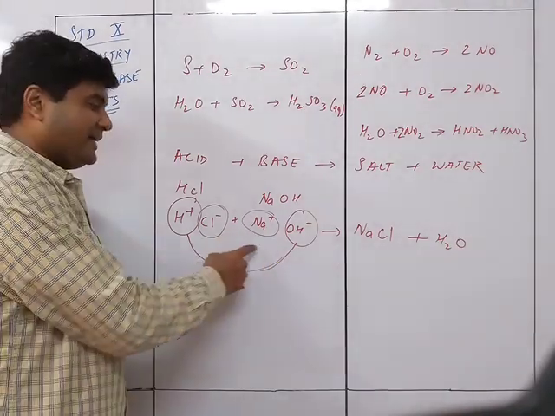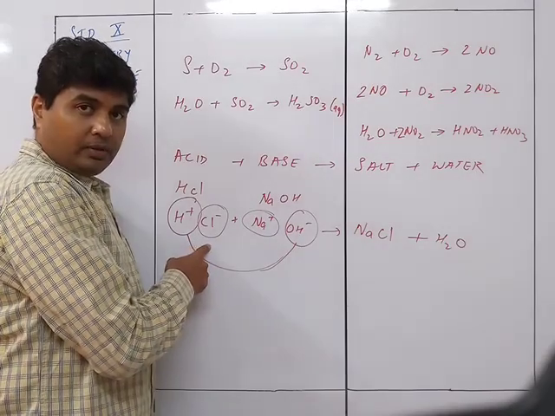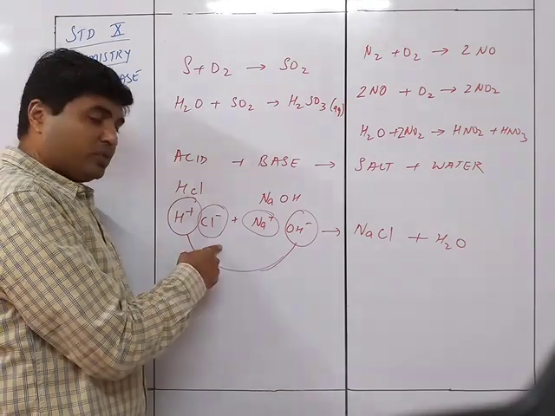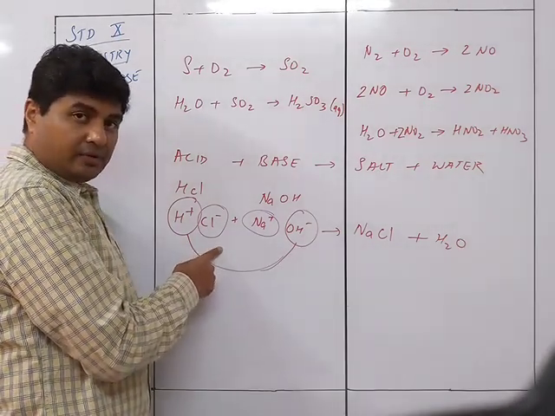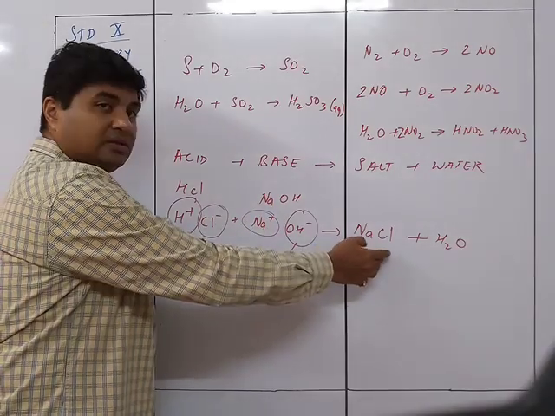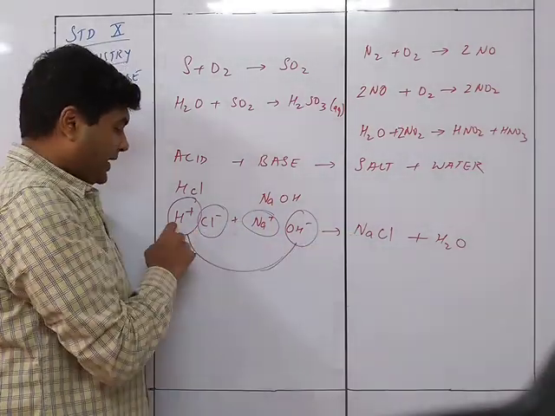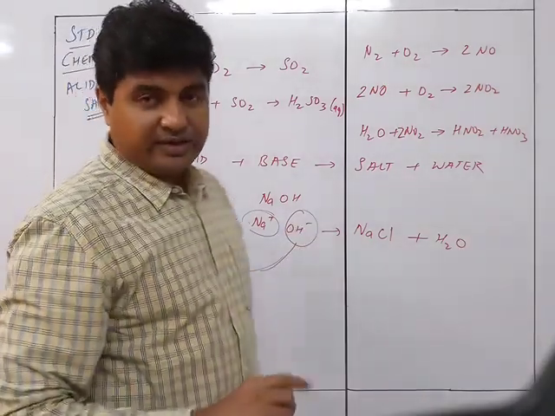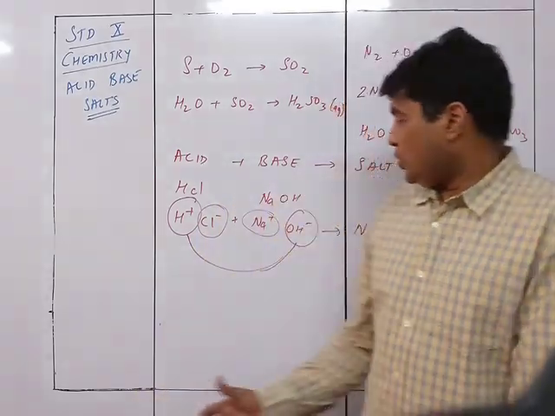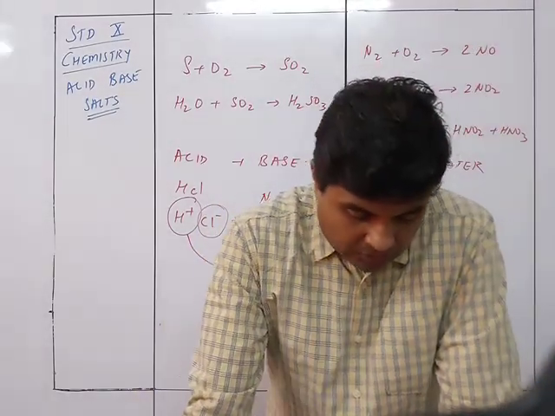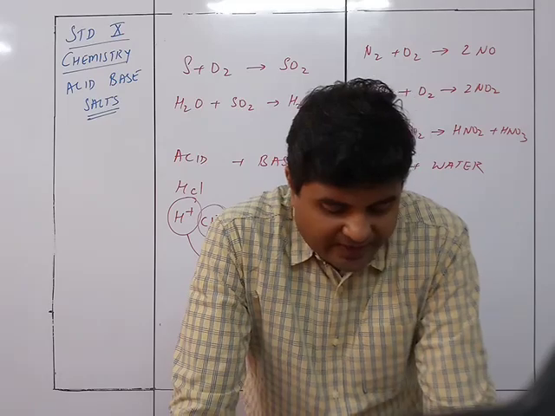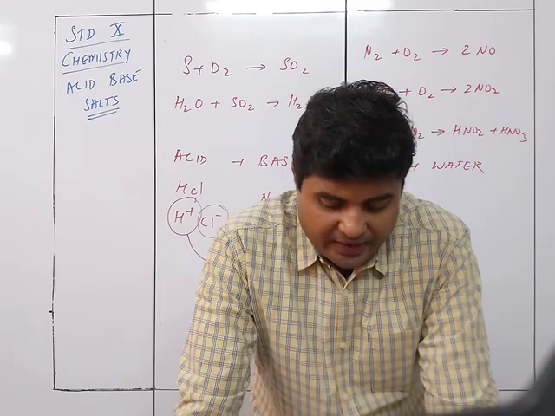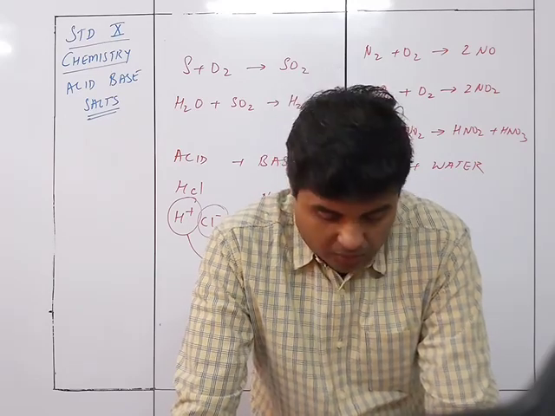Na doesn't give anything here, Na has already given it to OH. H gives away its electron to Cl, so that's why Cl is negative. So this positive and negative forms the salt, and water formation over here is OH minus plus H plus. So it is the proton going to OH to form H2O. Thus HCl donates a hydrogen ion, a proton, to the OH ion of NaOH, which accepts the proton, forming water.